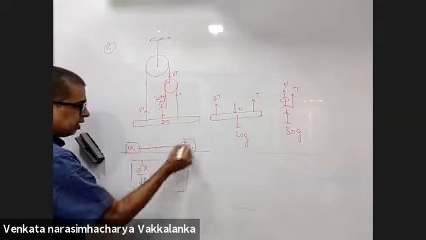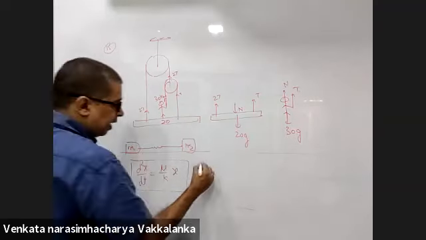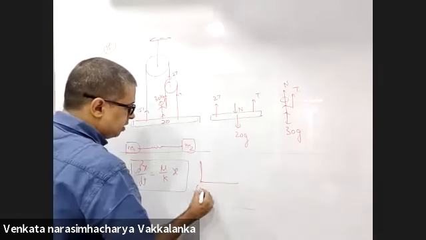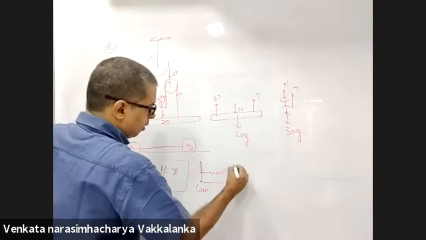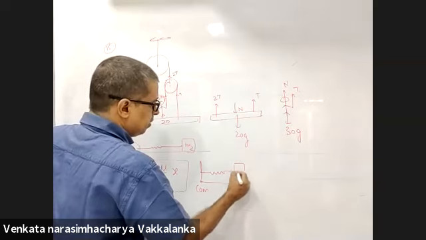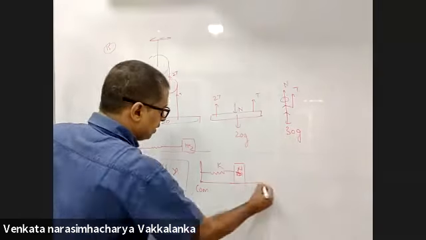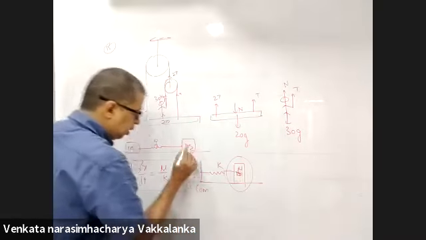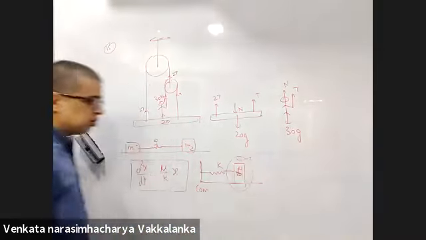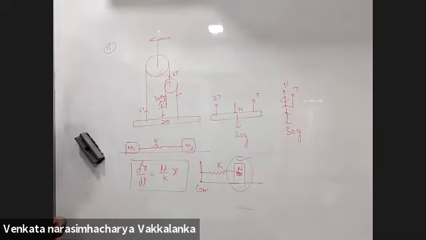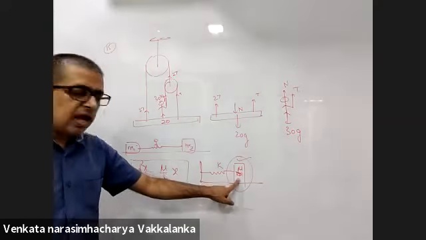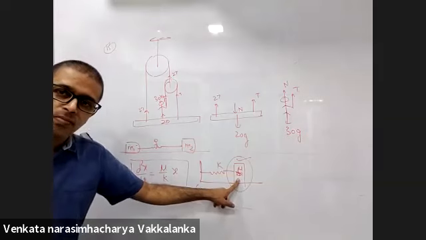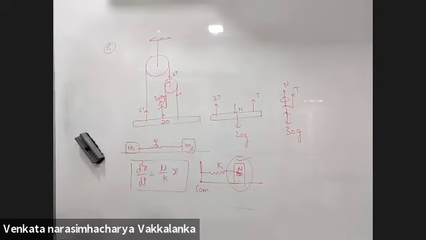That means both are reduced to one particle system. This will be COM and this will be mu. This will be k. That means with respect to center of mass, a two particle system is reduced to a one particle system of mass mu. So you are finding the acceleration of this particle mu.